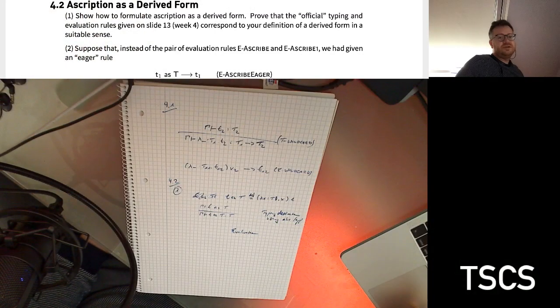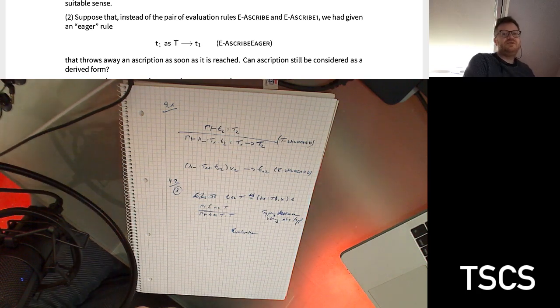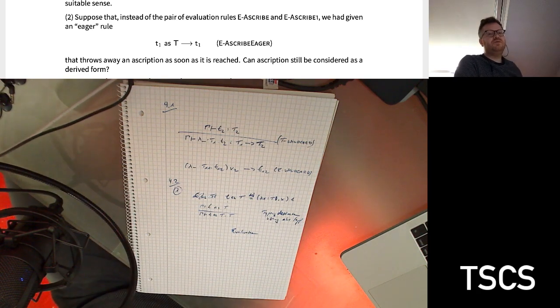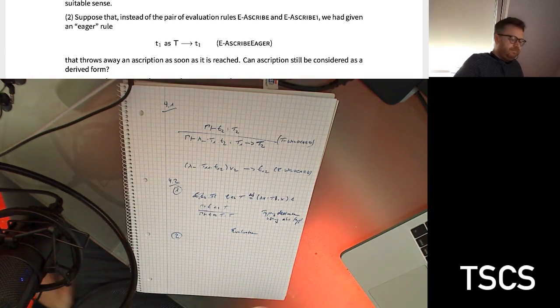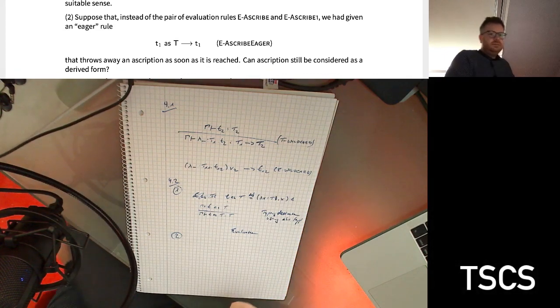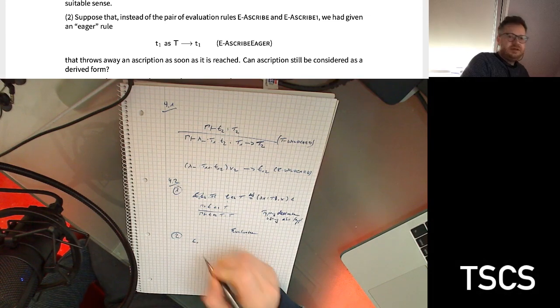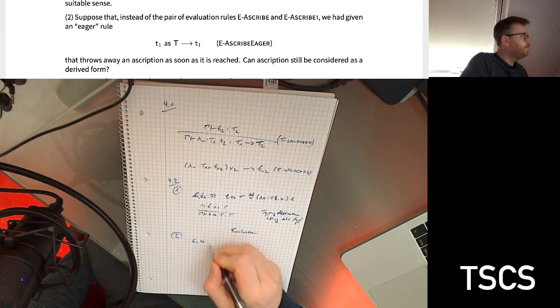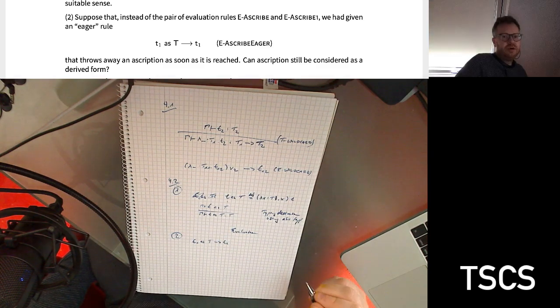Second part, not so easy. A little bit more complicated. So suppose that instead of the pair of evaluation rules e-ascribe and e-ascribe1, we had given one eager rule. So we would have now t1 as t evaluates to t1.